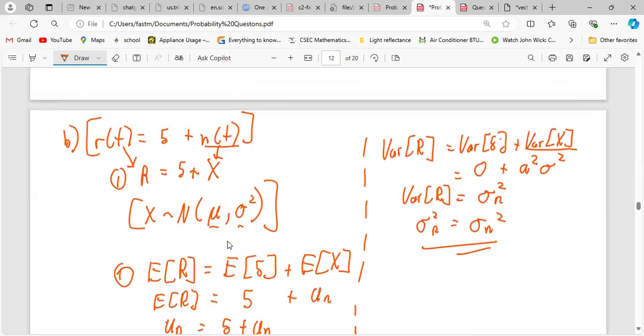And the variance of R is the variance of 5 plus the variance of X. The variance of a constant is 0, and the variance of X will be A squared sigma squared. In this case A is 1, because the rule is that the variance of AX is A squared sigma squared.